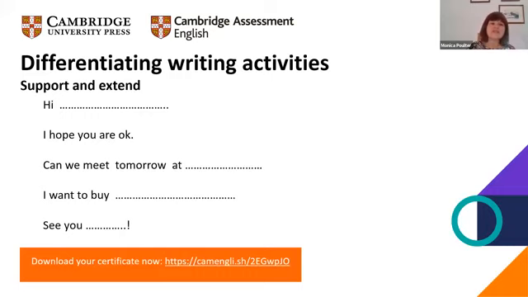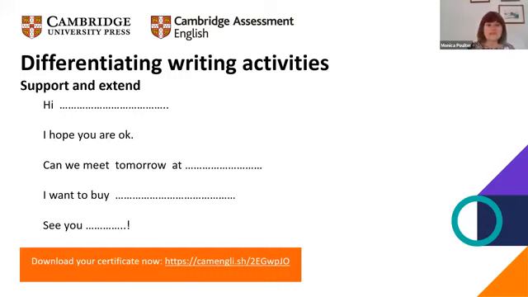So here, for example, you could get them to write another email to invite another friend to join the peer review. You could get them to look at the objects that they want to buy and get them to write adjectives to describe the objects that they've put. So for example, if they've said they want to buy some jeans, they could be encouraged to say, well, what kind of jeans? Skinny blue jeans. Or they could do that in pairs and do that for each other.